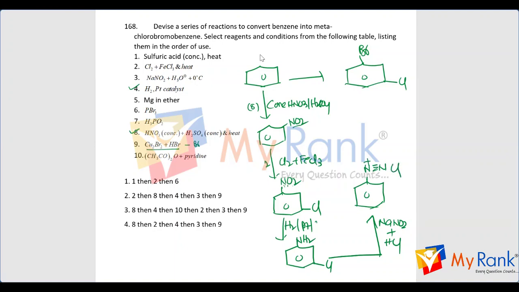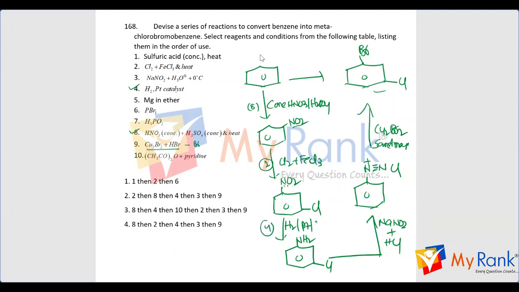And which are reacting with Cu2Br2. This reaction is called the Sandmeyer reaction. We get this product. So first one, 8th one, next one, second one, and this one is hydrogen.